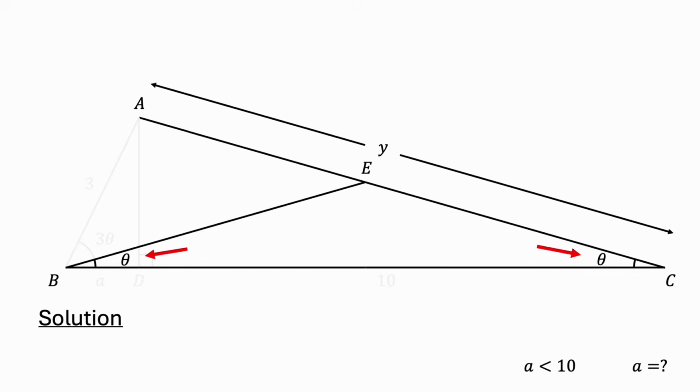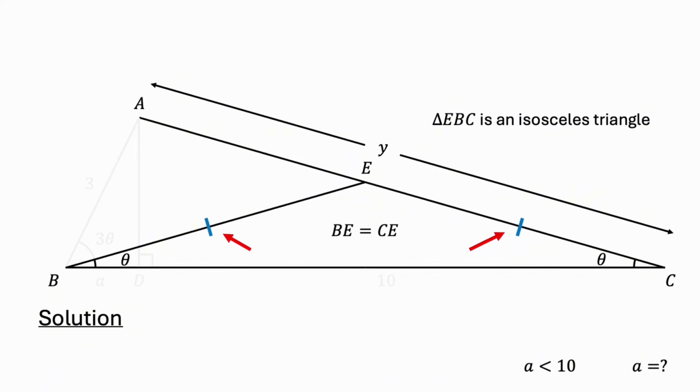Since angle EBC equals angle BCE equals theta, triangle EBC is an isosceles triangle. Therefore, we have BE equals CE. Let's denote the length of the two line segments as M. Then the length of AE equals y minus M.